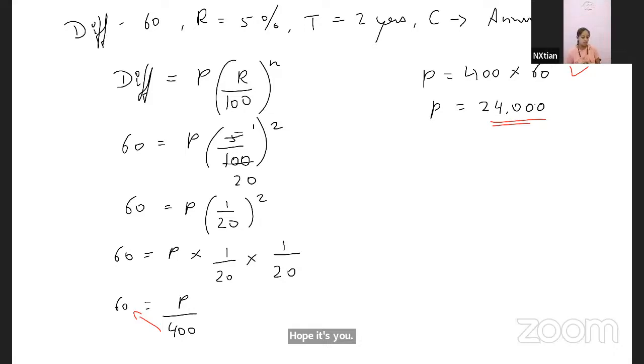So now the important thing is, don't get confused when the question says difference. Don't get confused. This formula, the difference formula, when will you use it?